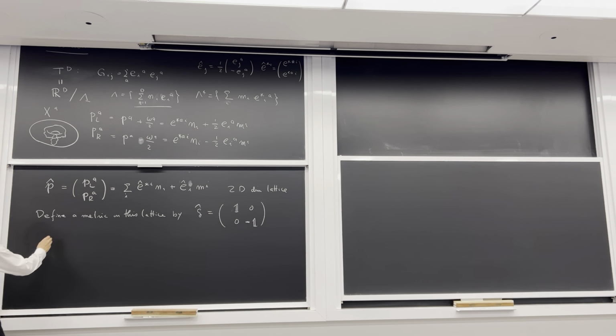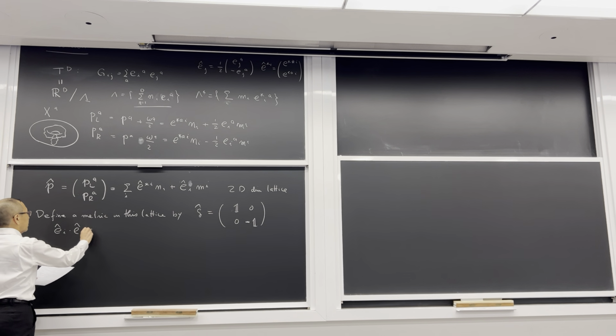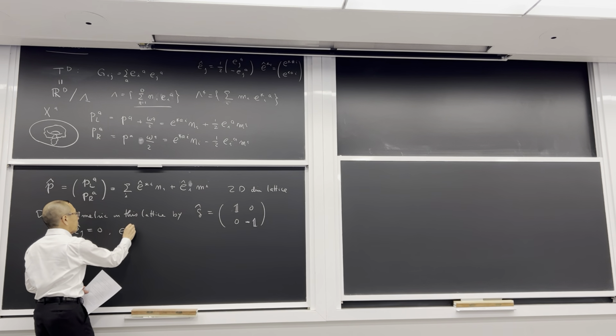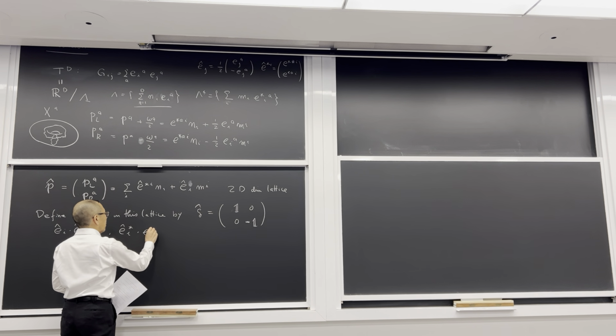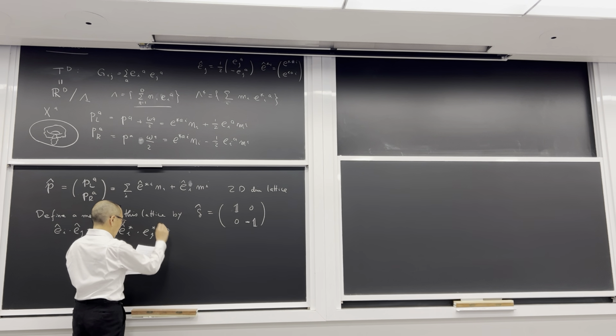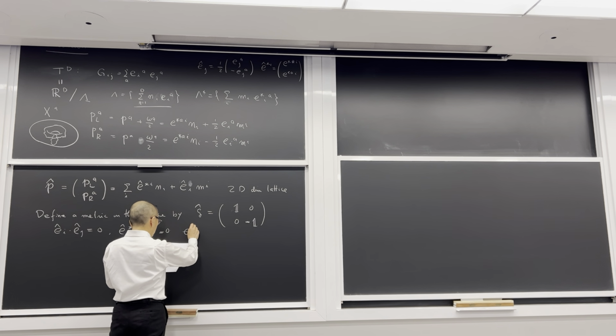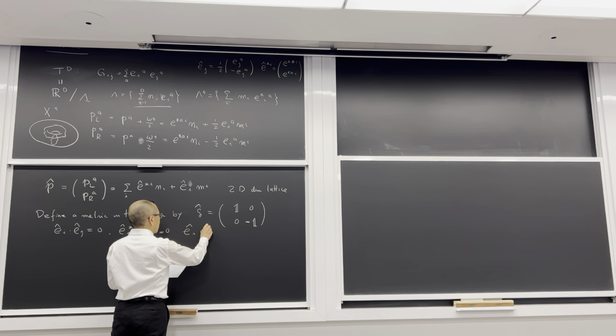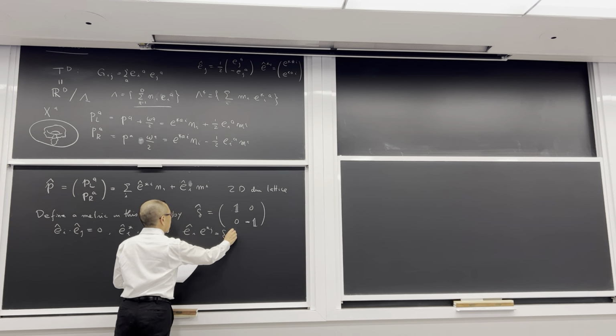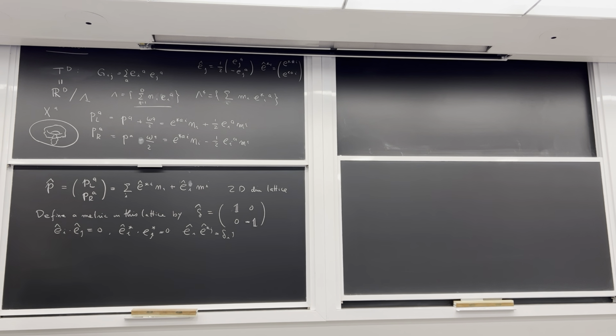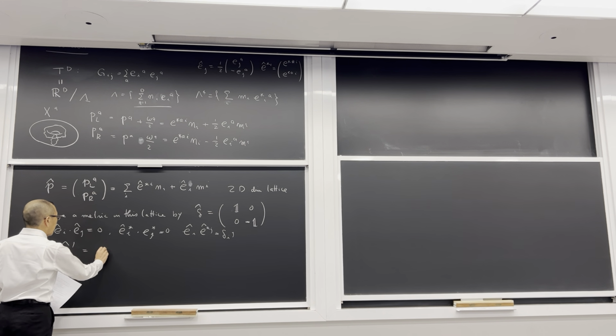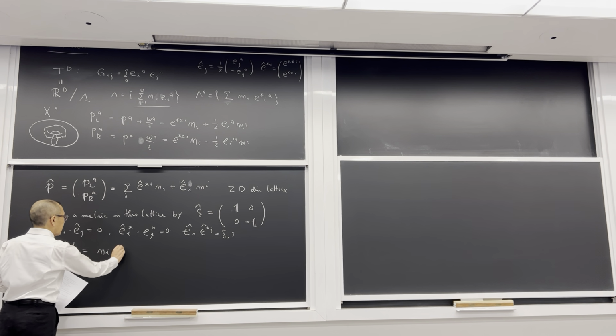And by this definition, the inner product of e hat i with e hat j is 0 and its dual directions is 0, etc. And then this direction is connected. Okay, and so if you define it that way, then for example, if you have two momenta, its inner product is given by this.